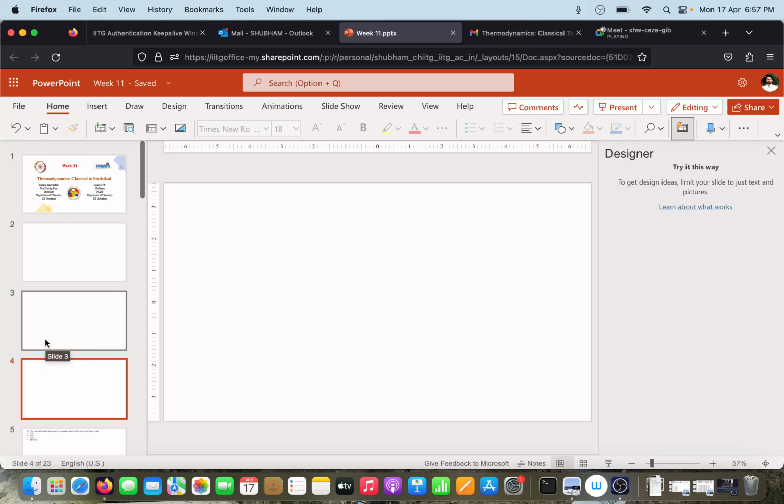Now question number 2. The molar volume of metallic magnesium is given as 26.1 centimeter cube. Each atom of magnesium contributes its two 3s electrons to the conduction electron gas.